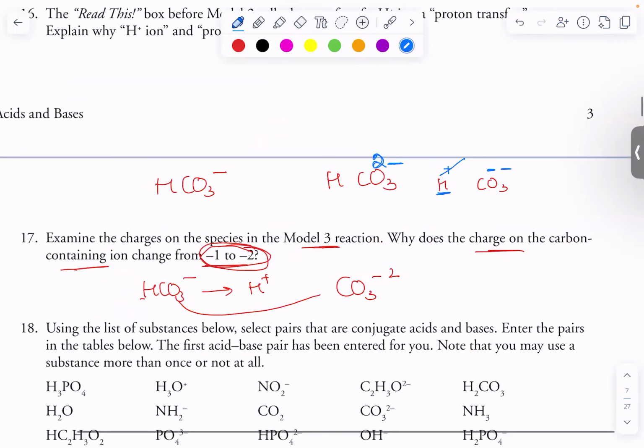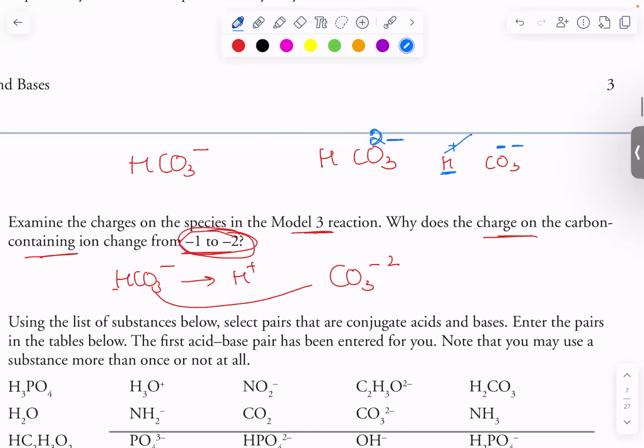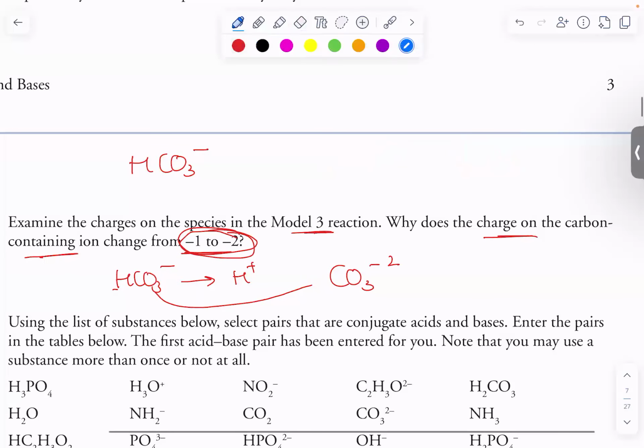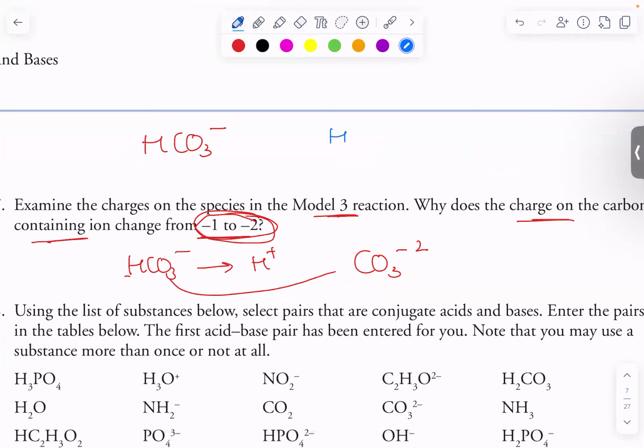Yes. So if HCO3 is given to us, now when this hydrogen is taken out, that means one positive charge would be lesser. So one negative charge will be added to it. So it would become -2. From -1, it would become -2.